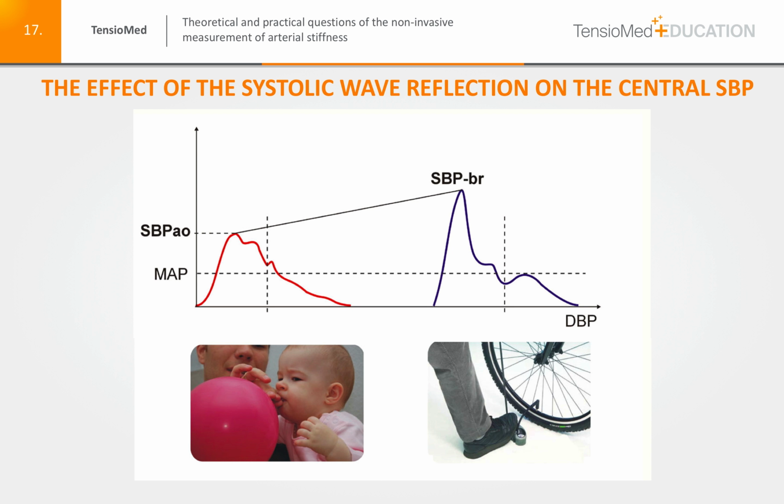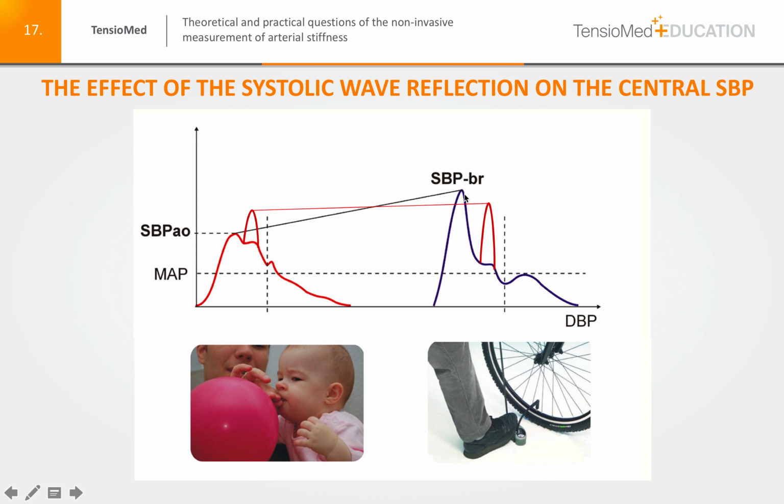What will happen in case of increased peripheral vascular resistance, probably due to endothelial dysfunction? In this case, the second reflected systolic wave amplitude will increase, and in the aorta it will exceed the first systolic pressure, and the highest pressure will be seen in the aorta as the second systolic wave.